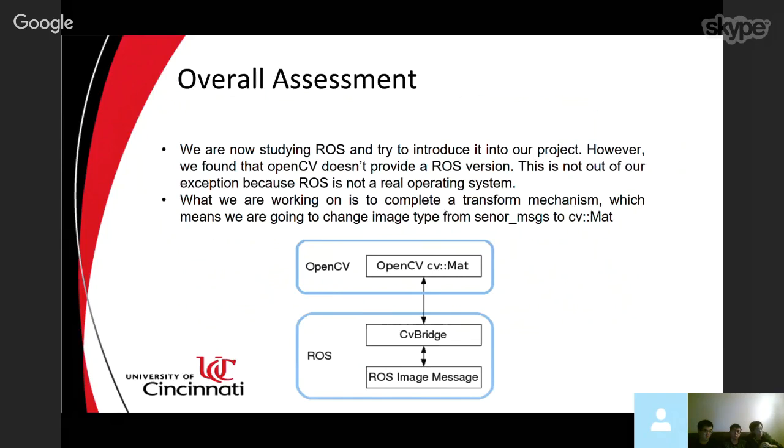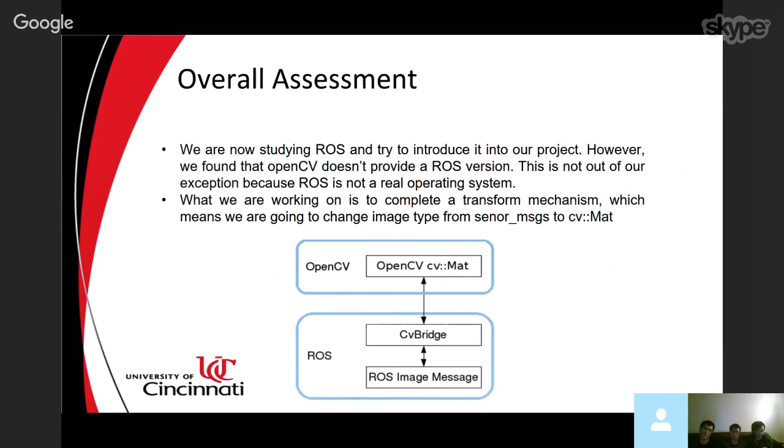CvMat is a special image type in OpenCV. You can see from the plot here, we have built a CV bridge module. It can change the ROS image to the CvMat.